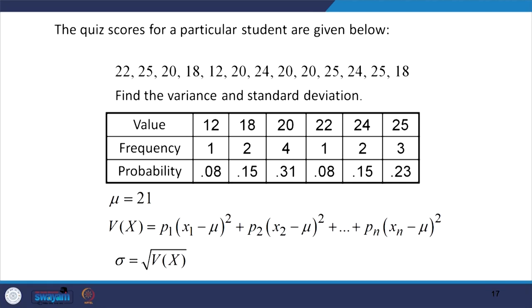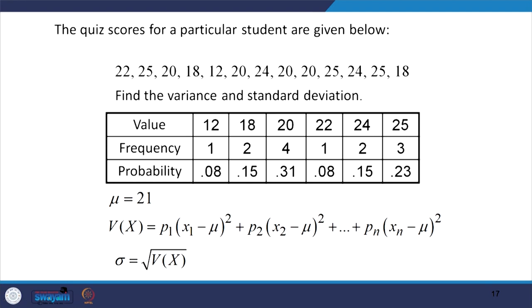One way, you can add all the values and divide by the number of elements. Otherwise, from this empirical distribution, x is given as 12, 18, and so on, and the probability is given. So, if you want to know the mean, it is x into p of x.